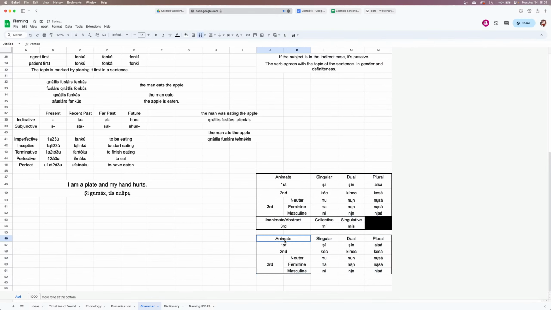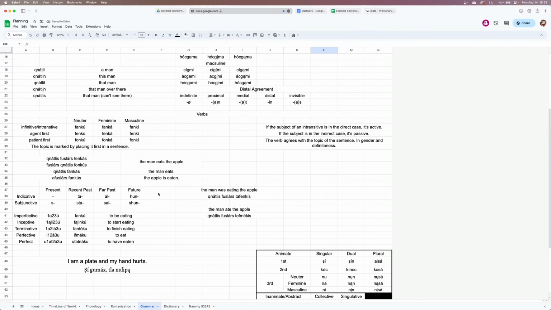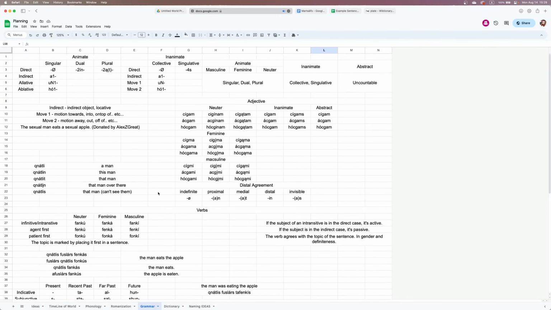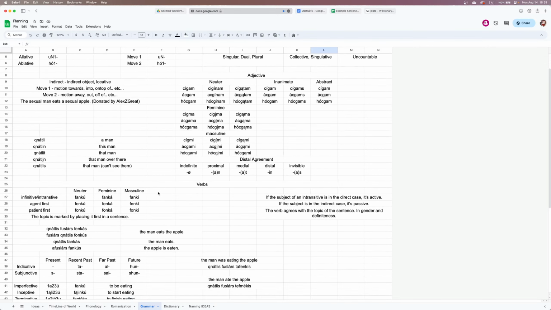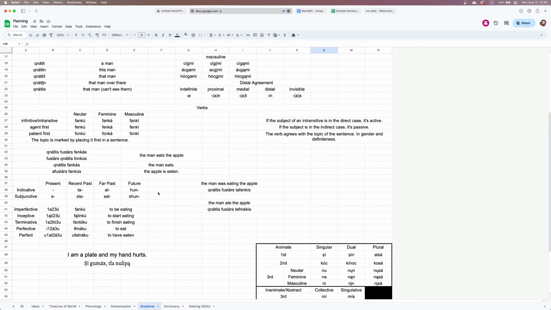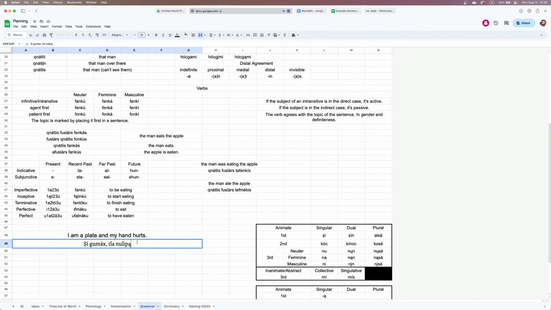Let's create a second table for all of the suffixes. So, le pain, le pas. For my hand.